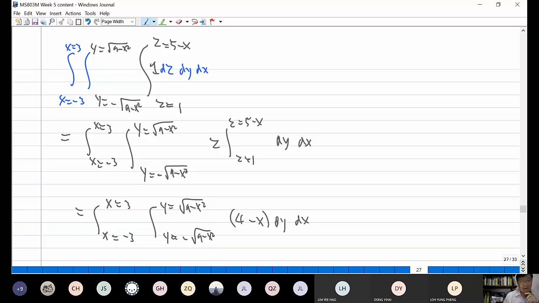Okay, so until something like this, fair enough: 4 minus x dy dx. So notice that this is actually integrating with respect to y. Let me copy this thing to another page now.